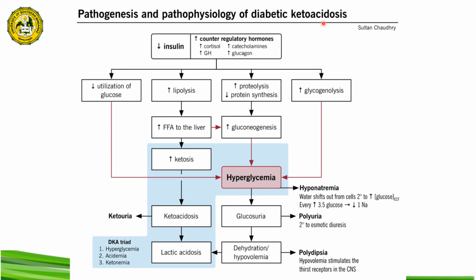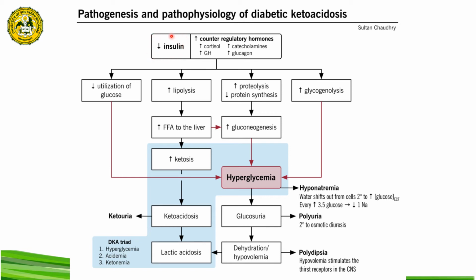In DKA, the normal state of carbohydrate metabolism, which is driven by insulin, will shift to a starvation state and fat metabolism, leading to the characteristic abnormalities including hyperglycemia, ketoacidosis, hyponatremia, polyuria, and polydipsia.